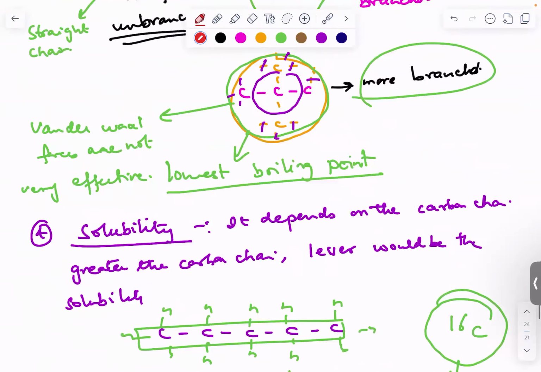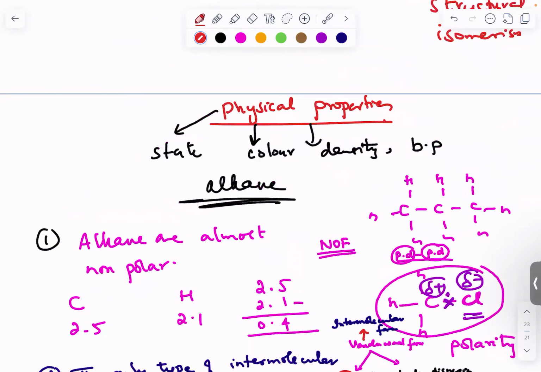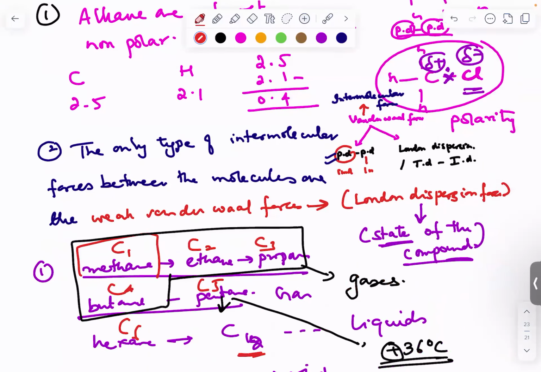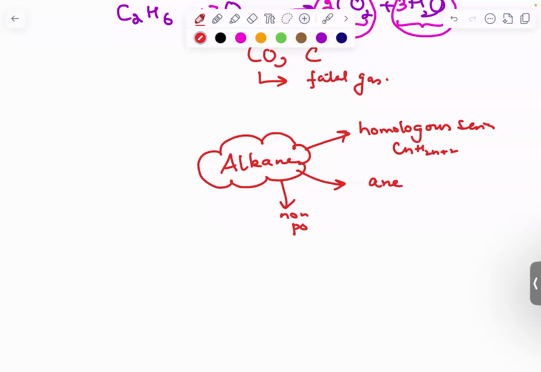Number one, for example, they are non-polar, and then highly unreactive. Now, make an arrow down to write down the reasoning. For example, if I say that alkanes are non-polar, then this arrow down means question mark: why are they non-polar?